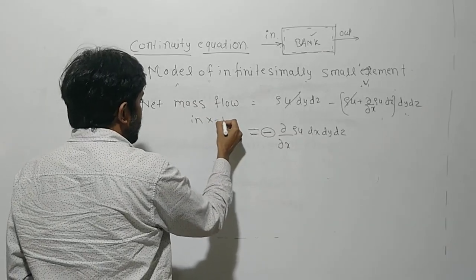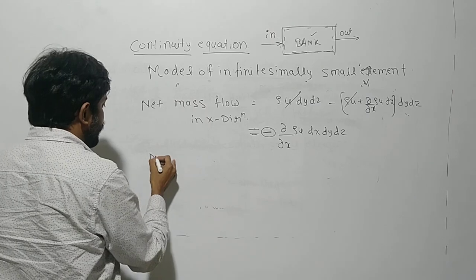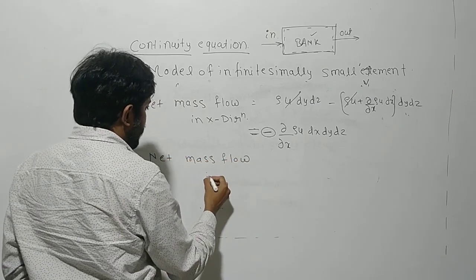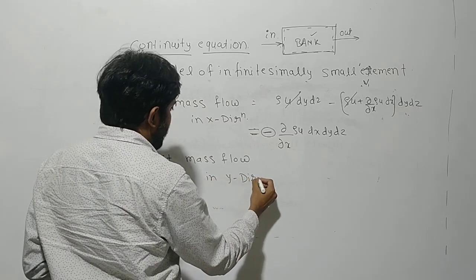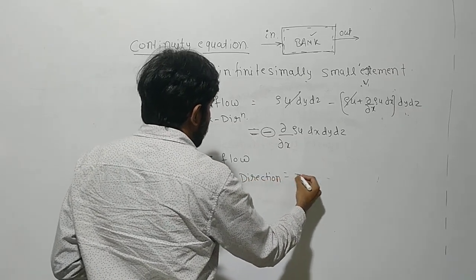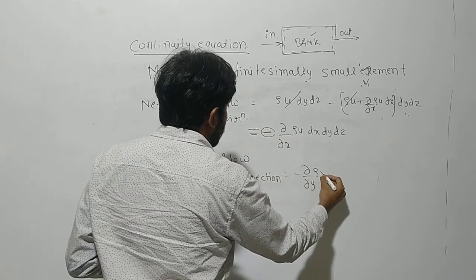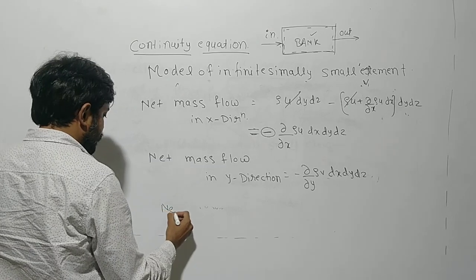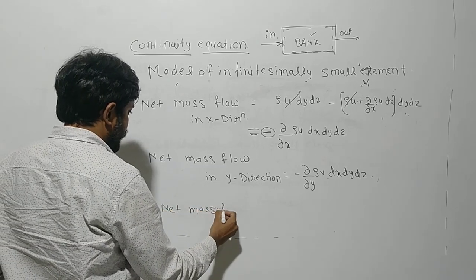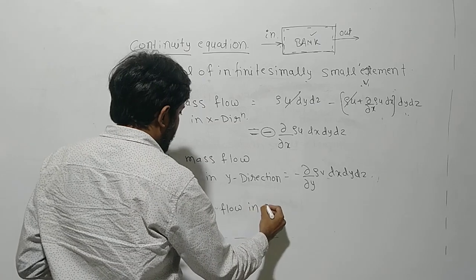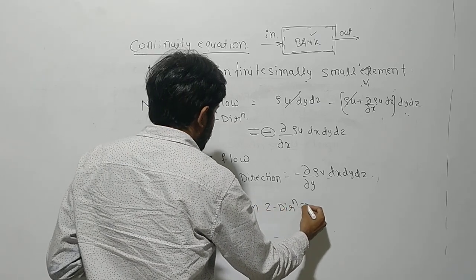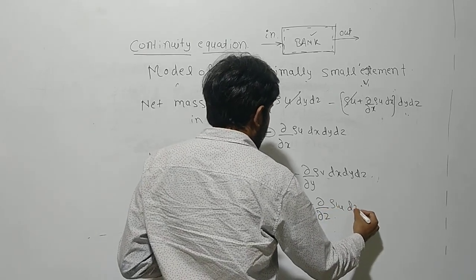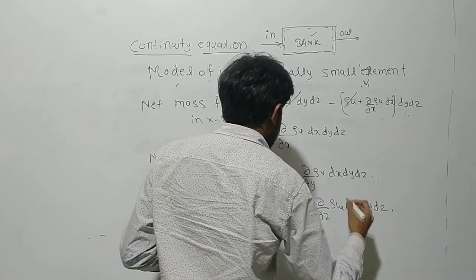Net mass flow in the y direction is equal to minus del by del y of rho v dx dy dz, and net mass flow in the z direction will be minus del by del z of rho w dx dy dz.